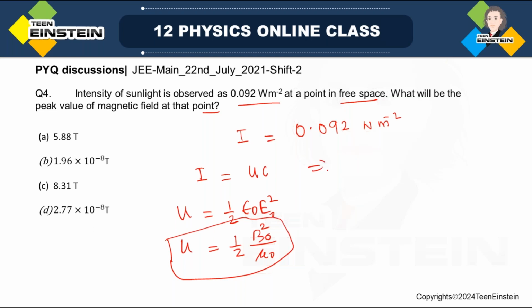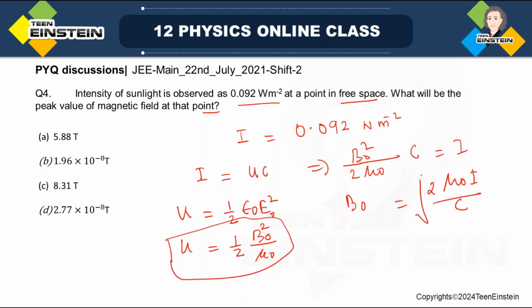So look here, intensity. If I write this as 1 by 2 mu naught into B naught square into C, that is equal to I. So what will be B naught? B naught will be 2 mu naught I divided by C, whole square root, right?